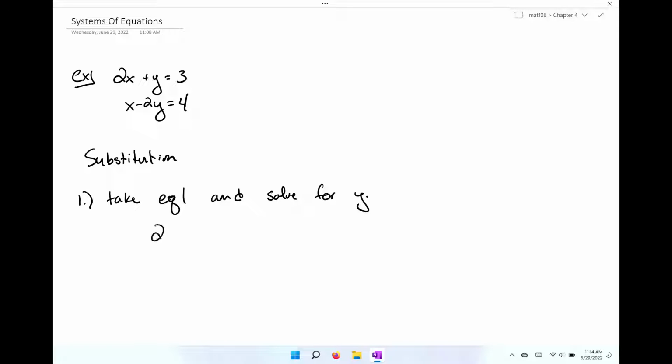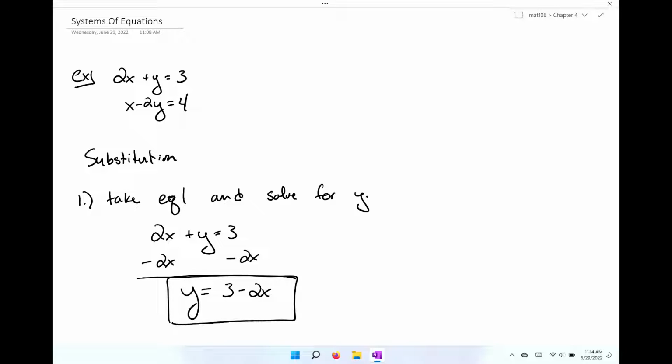So I get 2x plus y equals 3. And all I'm doing is I'm just taking the 2x and moving it to the opposite side of the equation. So 2x plus y equals 3 and y equals 3 minus 2x, the equation that we just did, are identical equations. They're just written in two different ways, but they're still the identical equation.